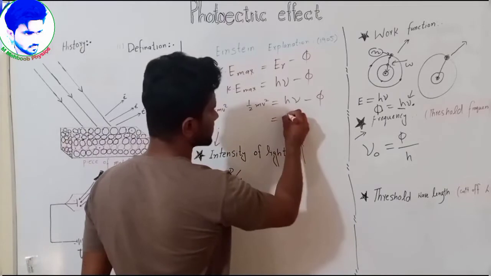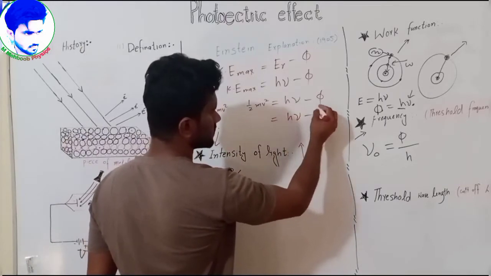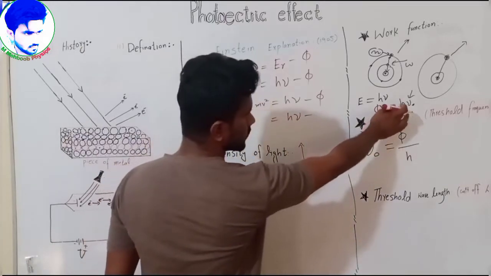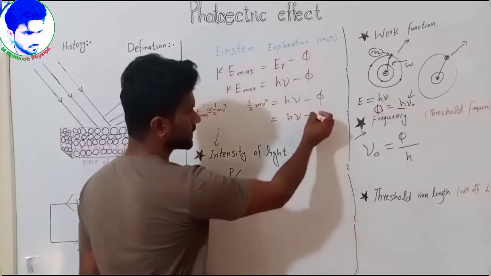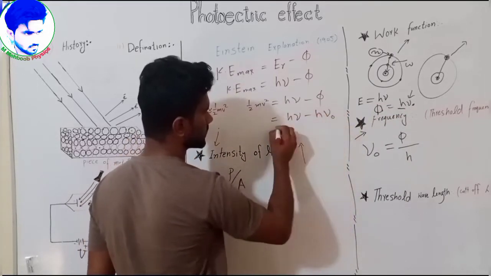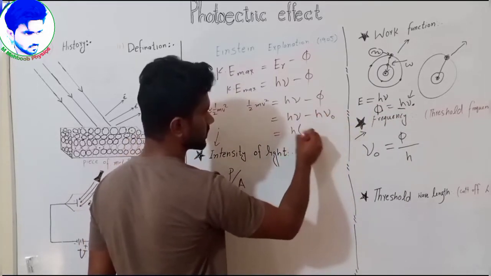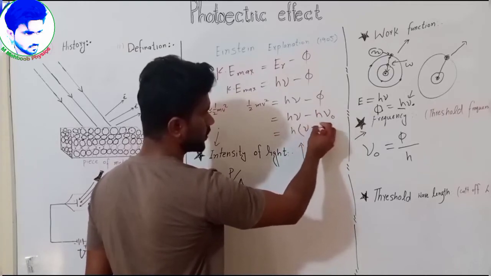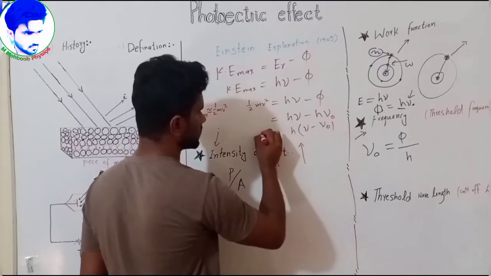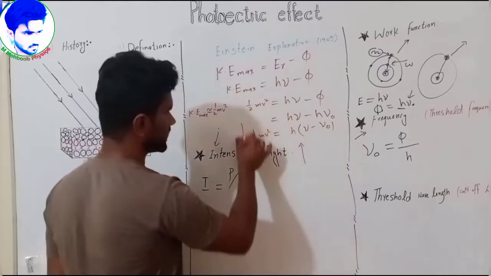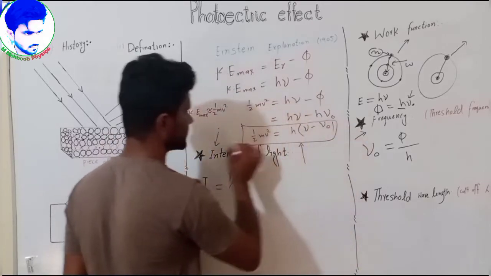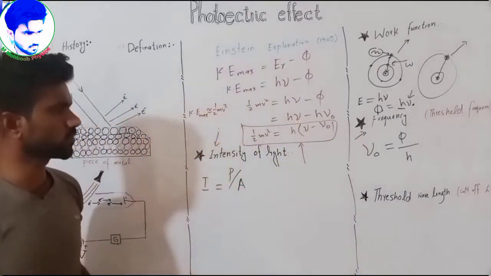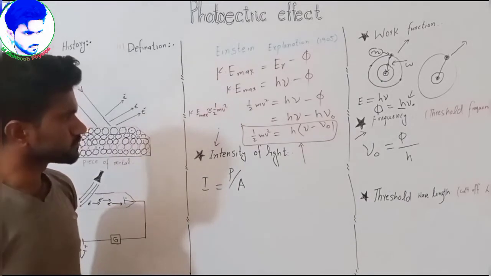And we place the value of the work function, that's equal to h into nu naught, taking h common, and h times nu minus nu naught is the value of the kinetic energy. That's the equation that was given by Einstein for the explanation of the photoelectric effect basically.